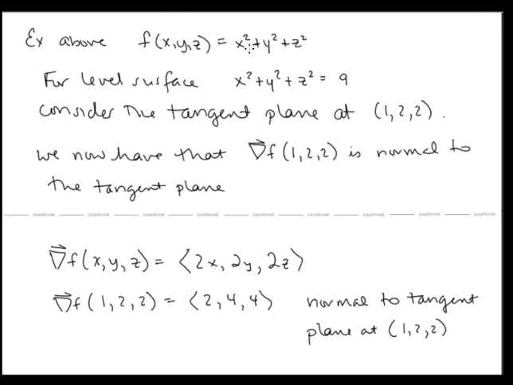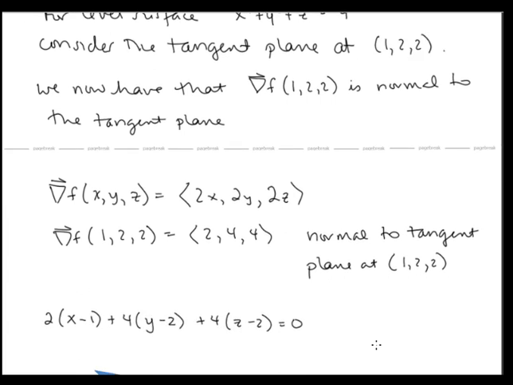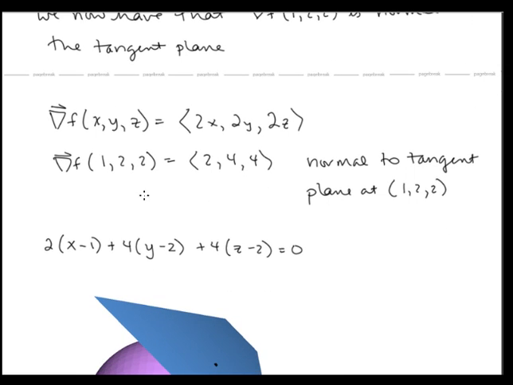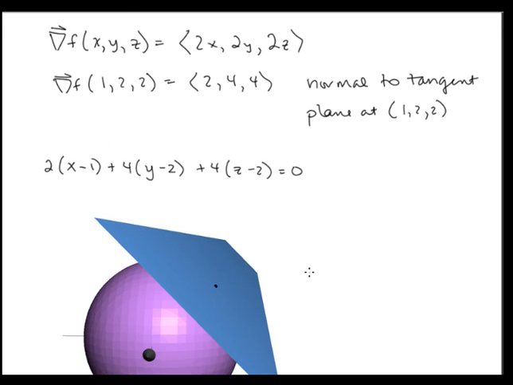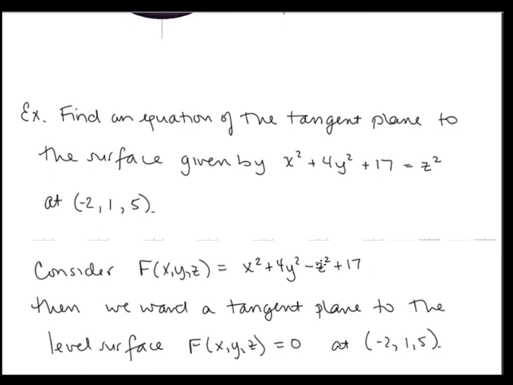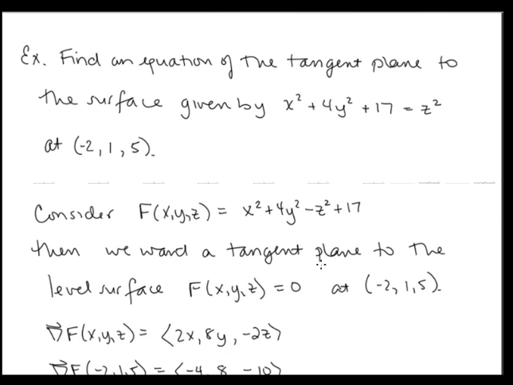So here our gradient of f is 2x, 2y, 2z. And so at the point 1, 2, 2 we get 2, 4, 4. And so that is a vector that is normal to the tangent plane at 1, 2, 2. So that's our normal vector, ABC. We have the point 1, 2, 2 goes in for x naught, y naught, z naught, and that's an equation for our tangent plane.